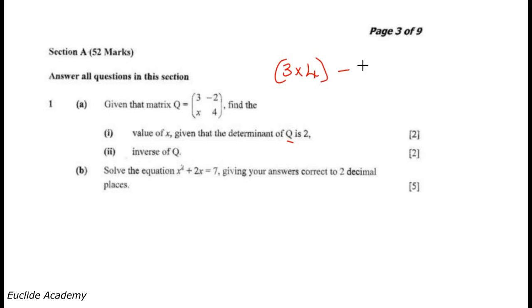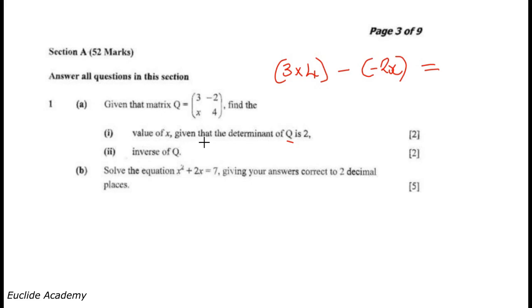So we'll say minus, I'll put brackets here so I do not confuse things. It'll help me to keep things neat. So -2 times x will give us -2x, and then I'll close the bracket, and this will give me the determinant of Q.